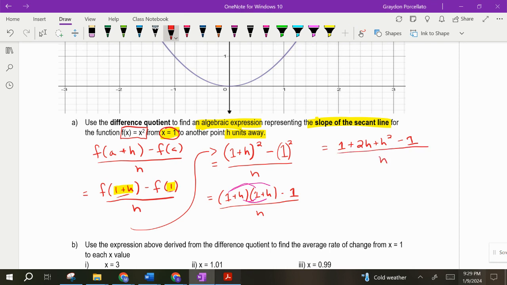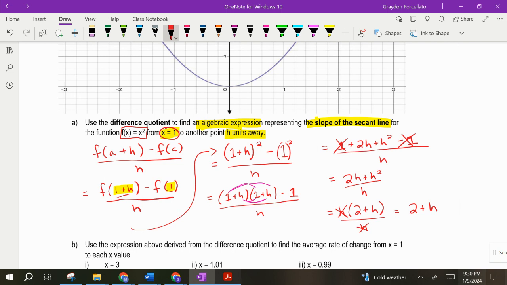I just simplified, right? 1 times h and 1 times h simplifies to 2h. These 1's cancel out. We're left with 2h plus h squared over h. I'm going to factor out an h. We get 2 plus h all over h. I cancel out my h's, and I get 2 plus h.